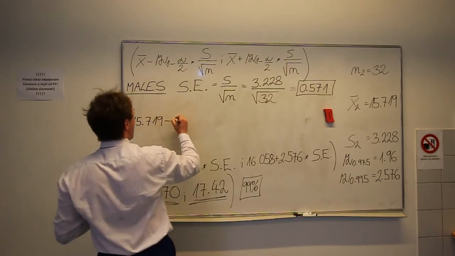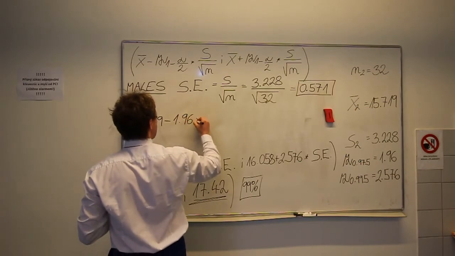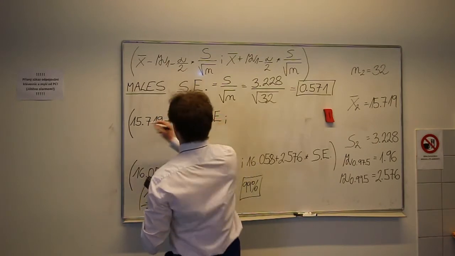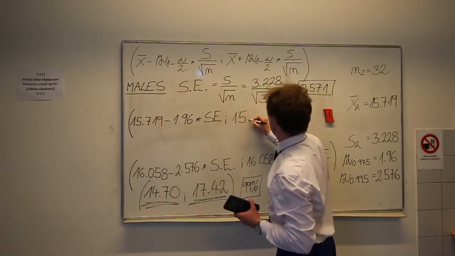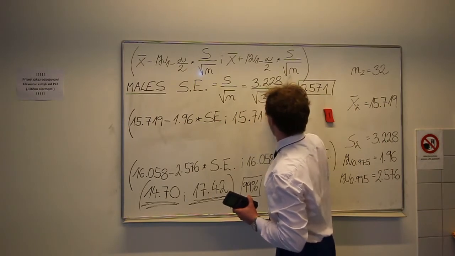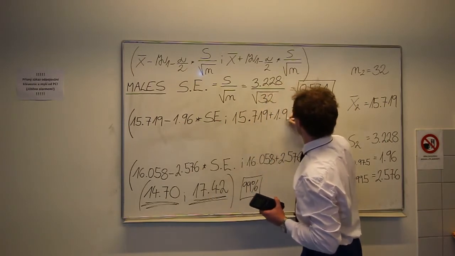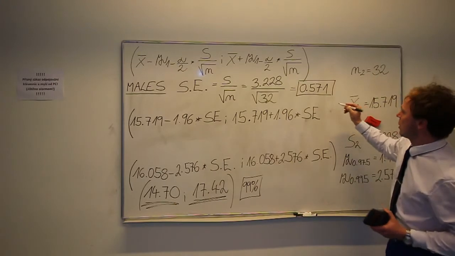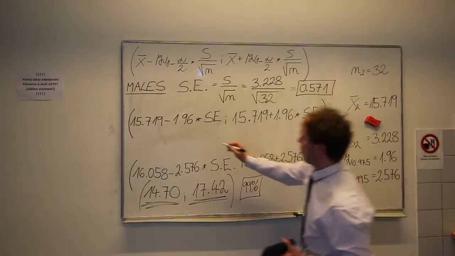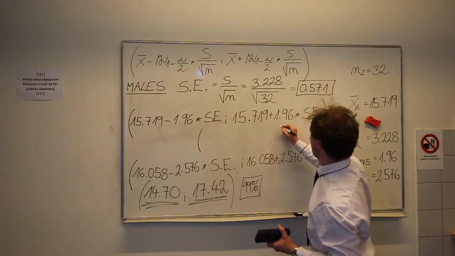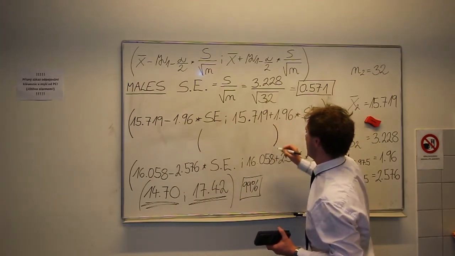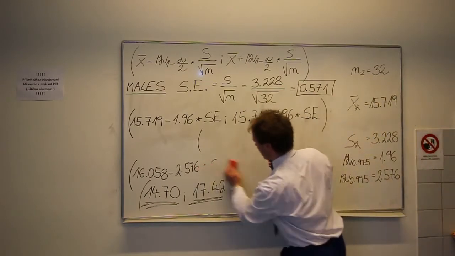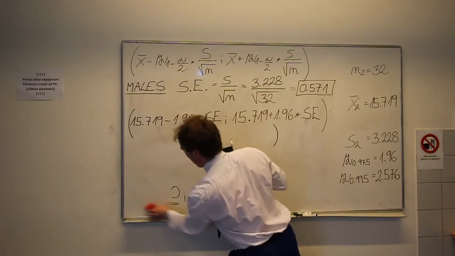1.96 times sample error. So this is the left side, and the right side, 15.719 plus 1.96 times sample error. Okay, so I will solve this. So there will be left bound, there will be right bound, and this will be deleted, because this is for females.